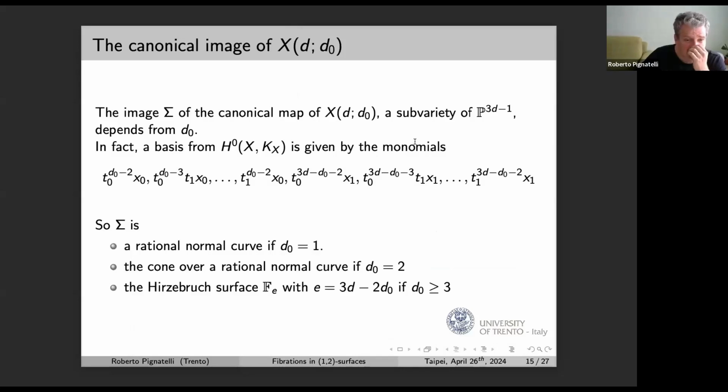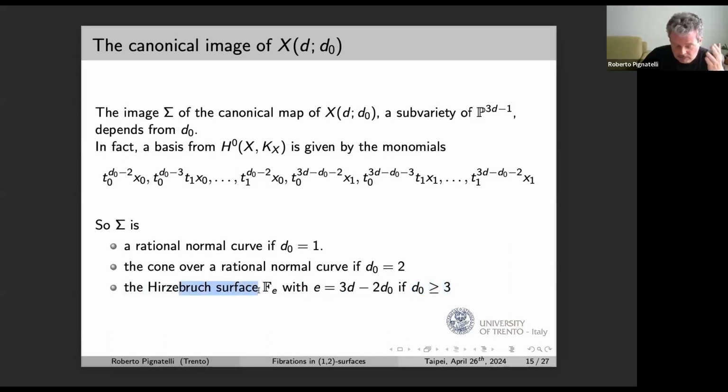So the image of the canonical map, again, I have to explain the geometrical meaning of D0. Let me be quick on this slide, so you can write explicitly the canonical rings. And the point is that at least if these numbers are big enough, in this case it's D0 which comes into the game, if D0 is big enough, the canonical image is a Hirzebruch surface.